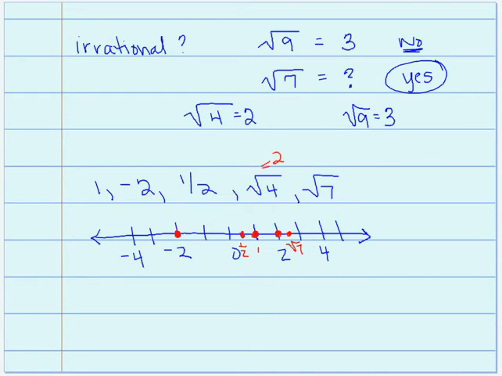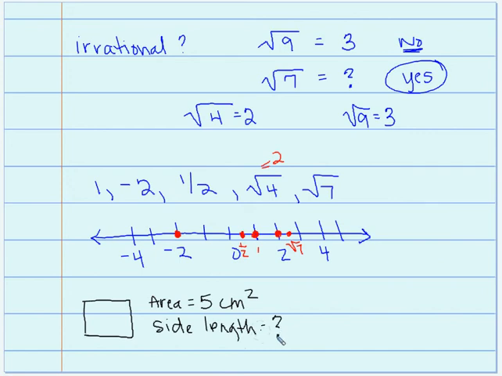One other thing that you'll be asked to do, and we did this at the end of lesson 15, is if you're given a square and they tell you the area equals, let's say, 5 square centimeters, they want you to determine the side length. The side length equals what? Remember that the formula for area of a square is area equals side squared.